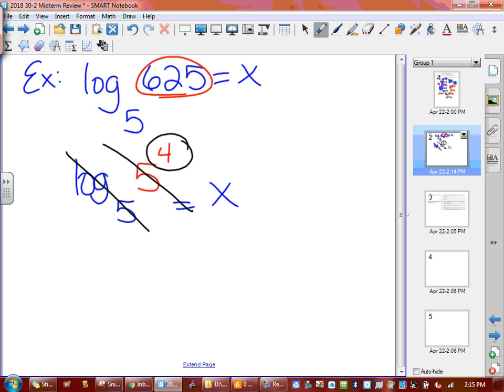Okay? This is true, and this is why it states that log base x of 1 is equal to 0. It's to prove this as well, that anything exponent 0 is equal to 1.